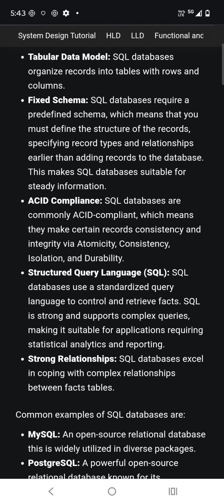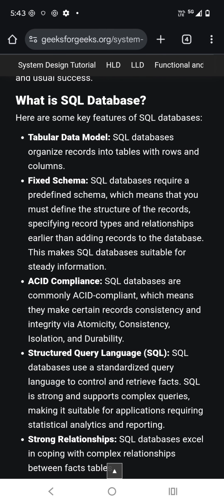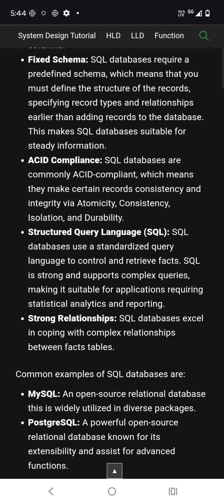So we all know SQL databases are relational databases, where we can store data in rows and columns, and a relational database supports ACID properties: atomicity, consistency, isolation, durability.